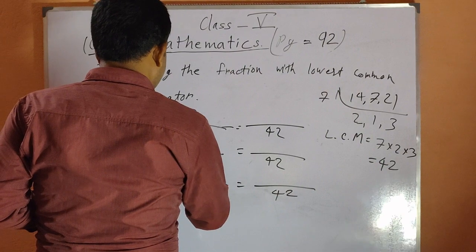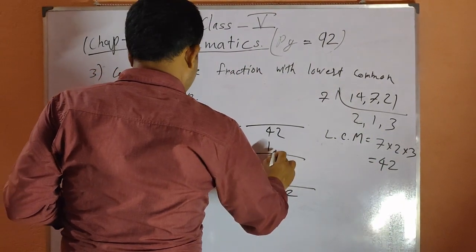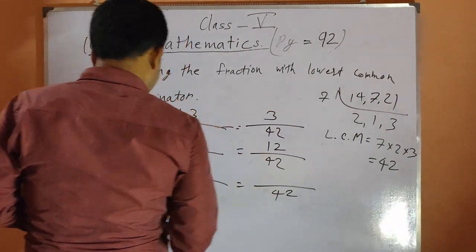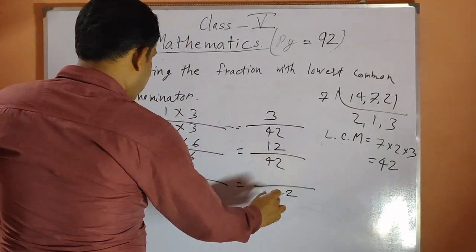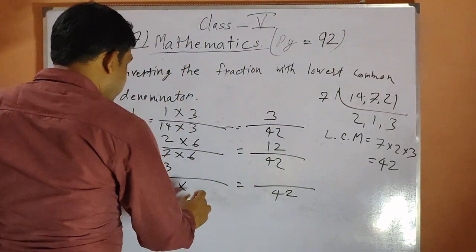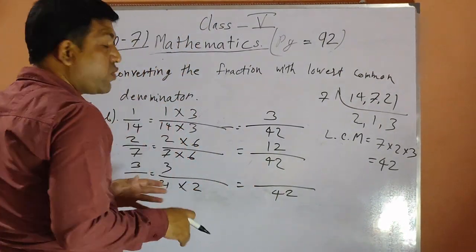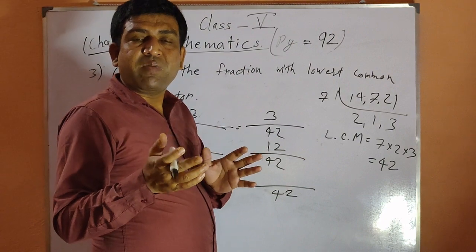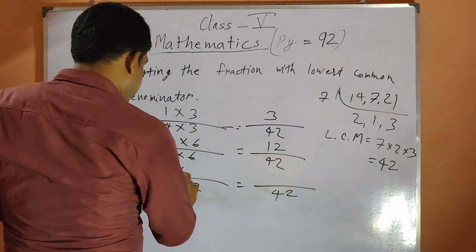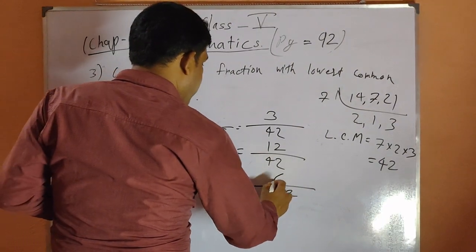That means 2 into 6, 12. And the third number, 42 divided by 21, we get 2. That means 21 into 2, and 2 is multiplied by 3 also. That means 6.